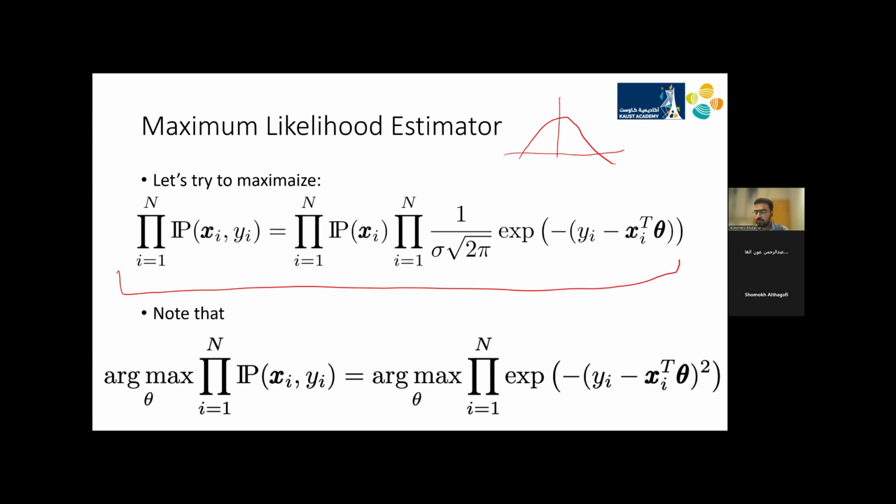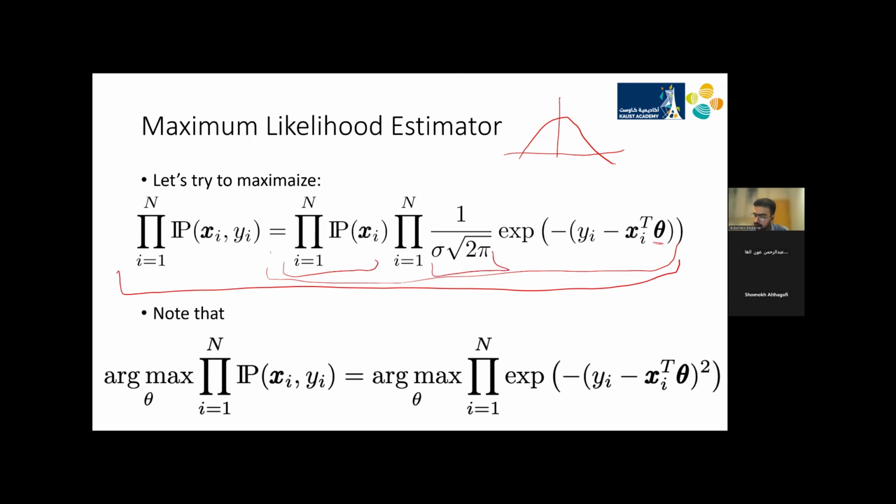As I said, we want to maximize the probability of the data, right? So basically, we want to select a set of theta. We want theta such that we get the maximal value for this. We are just going to maximize this thing. Now when we maximize it according to theta, we notice that this term doesn't contain any theta.